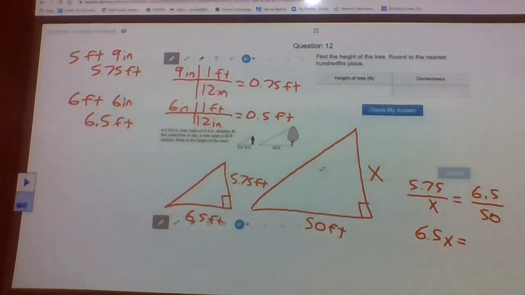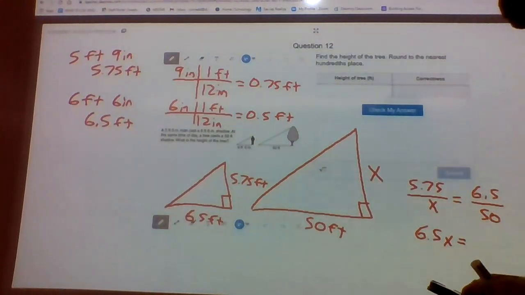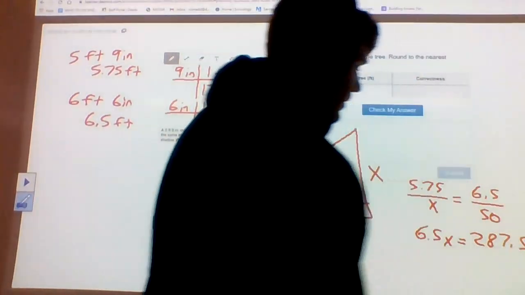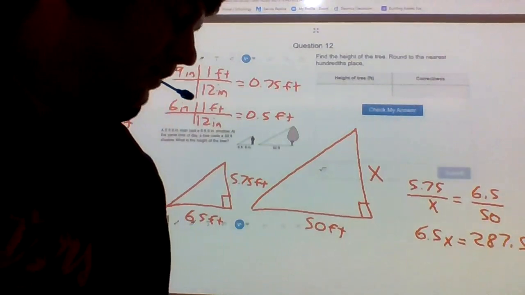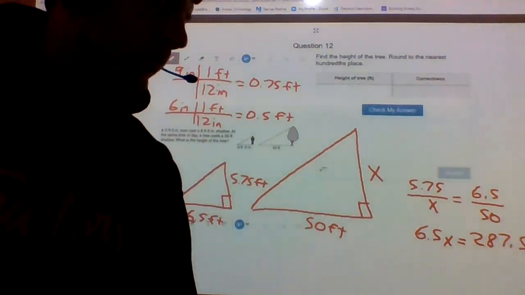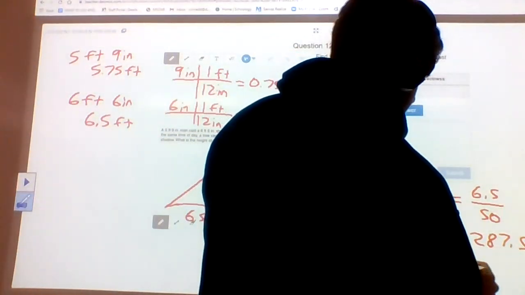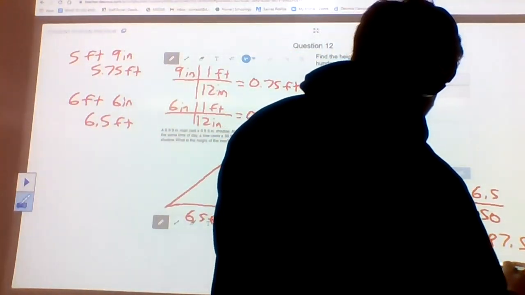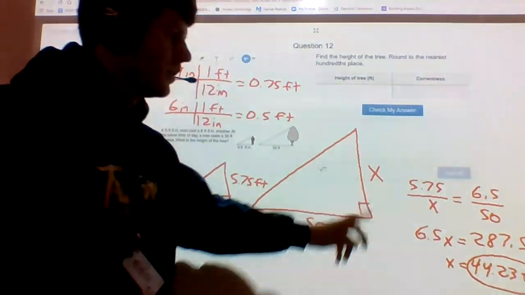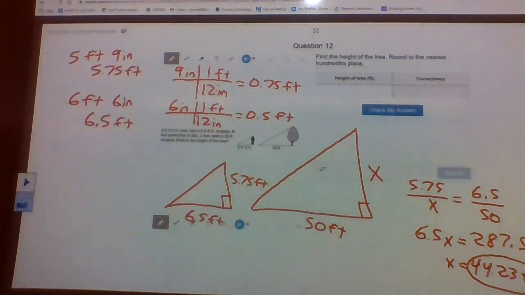Let's use a calculator. 287.5. Then we can divide by 6.5 on each side. We get 44.23 feet. So the height of the tree would be 44.23. Round to the nearest hundredths place, that's 2 decimal places.